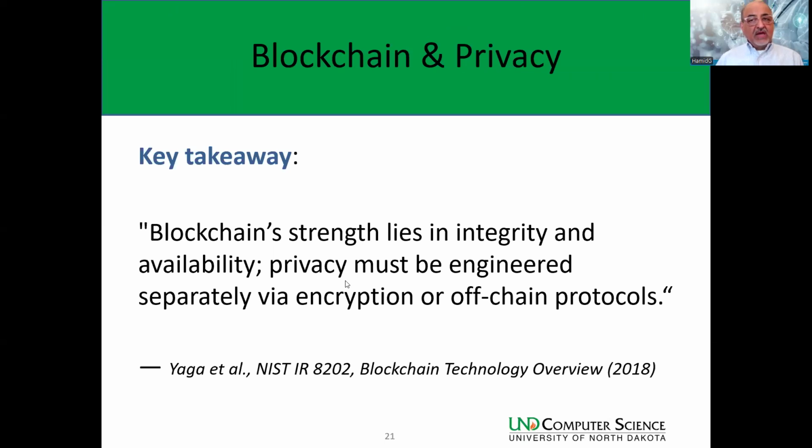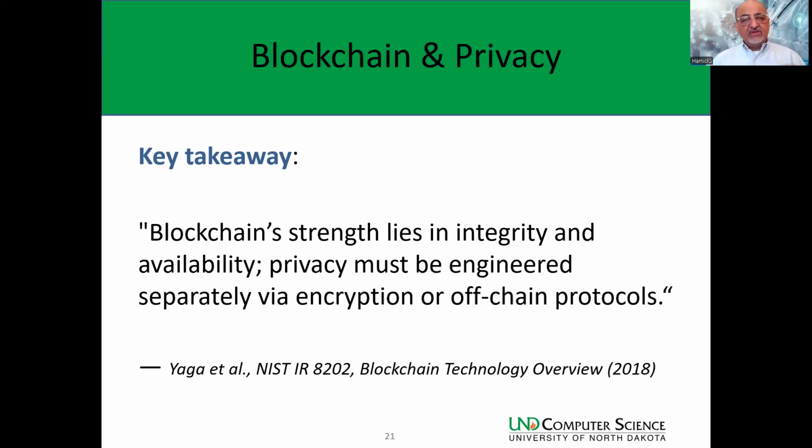Now, looking at the privacy aspect, the key takeaway from all these quality attribute studies is shown in this simple sentence that Yaga and his friends concluded. Blockchain's strength lies in integrity and availability. Privacy must be engineered separately via encryption or off-chain protocols.